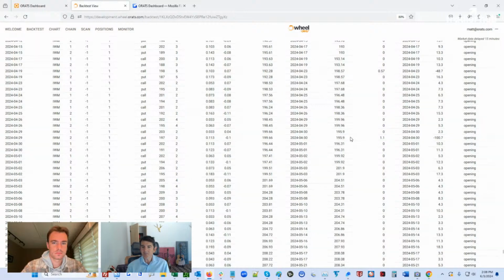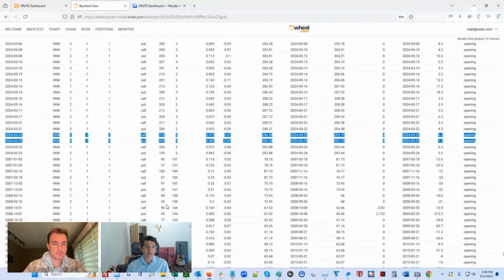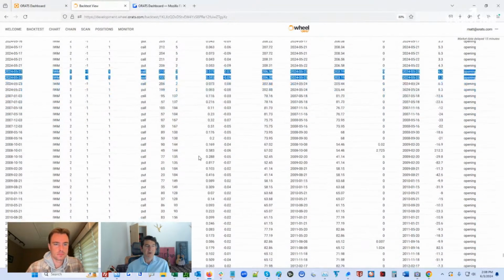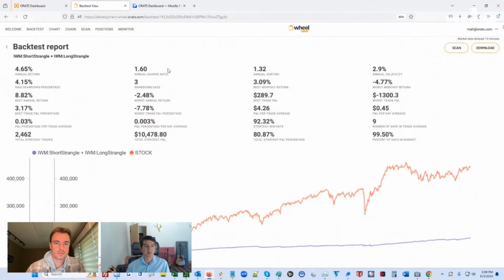So it's basically selling short-term wide strangles, not getting that much money back, but then you have a long strangle against it, which is a longer term strangle, so you don't have a lot of decay. It seems odd, but I've been doing this strategy for a little bit and it's working pretty good.